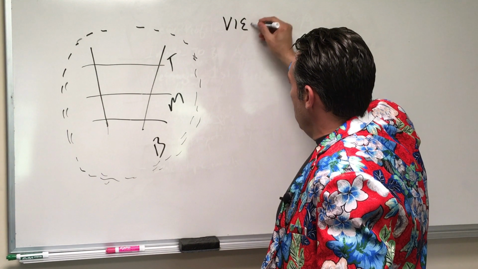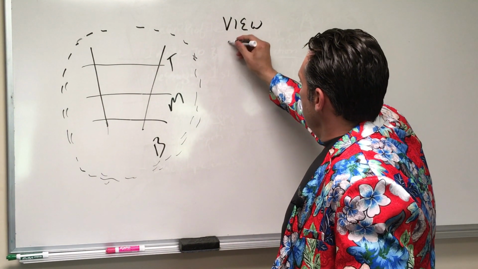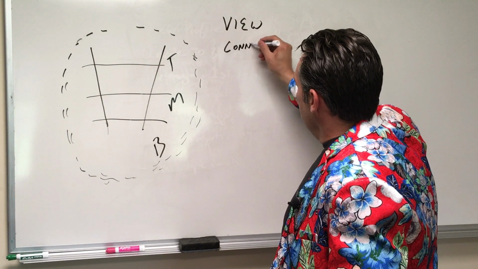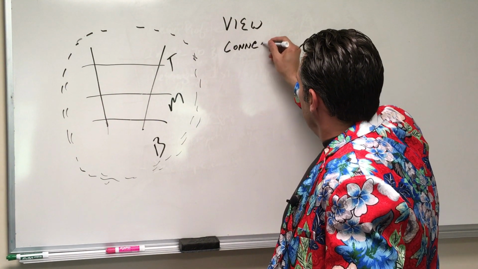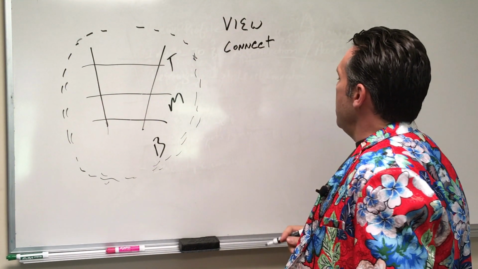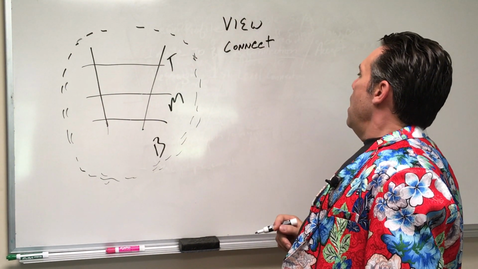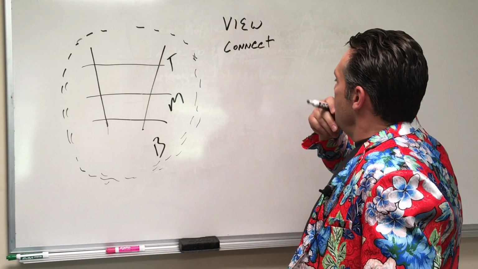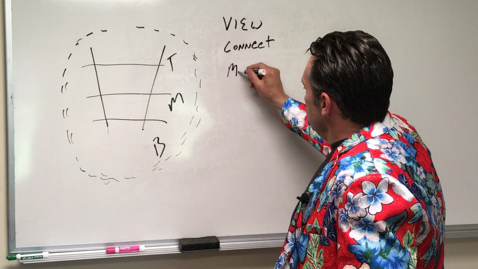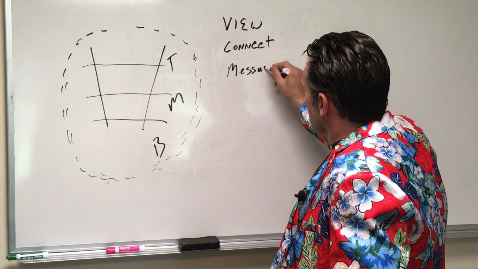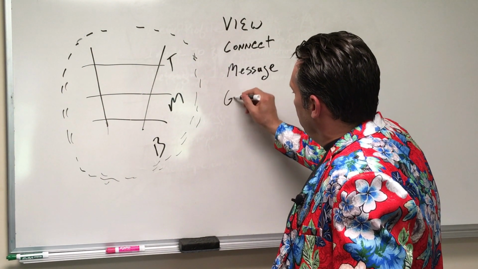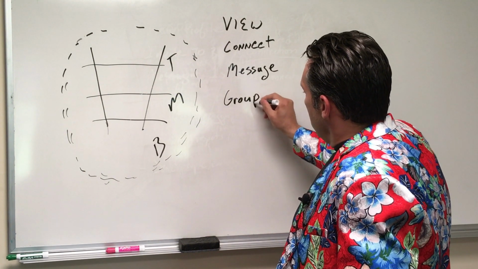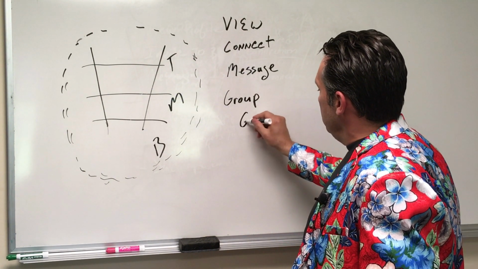I can view a profile, I can connect with others, I can then message others, and then I can go in the group, right? And I could do group invites.